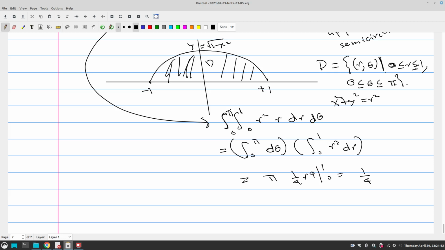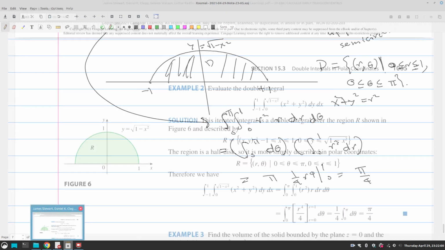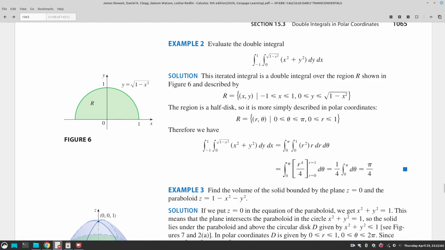So the answer is pi/4. See how much more simply this could be accomplished using polar coordinates.